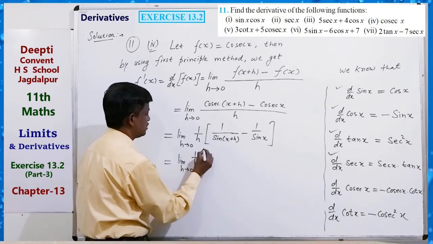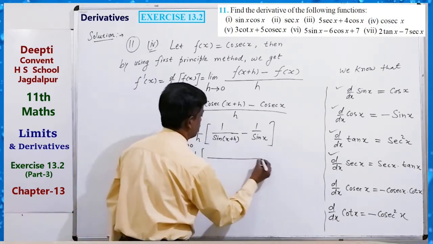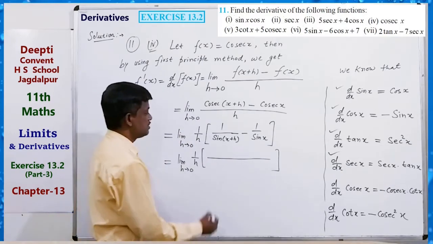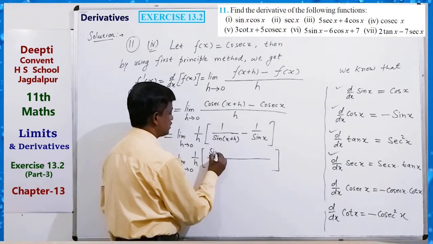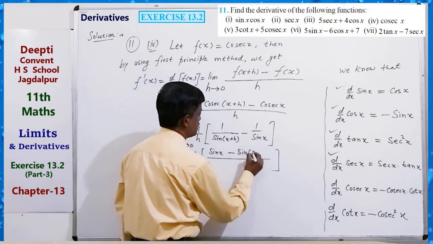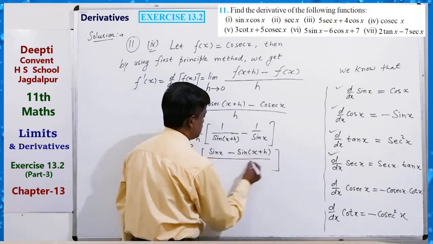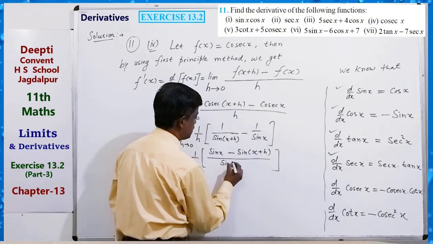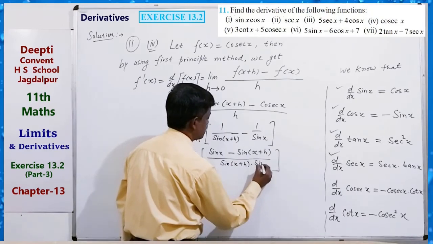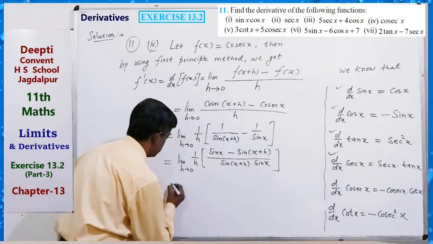1 by h, we can write taking LCM. So sin x minus sin x plus h over sin x plus h into sin x.